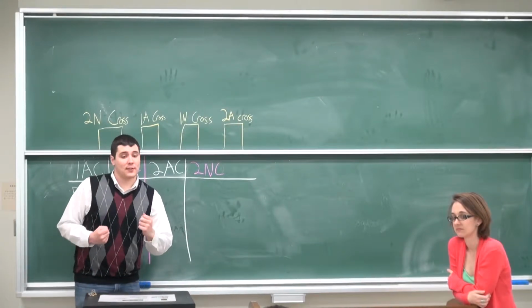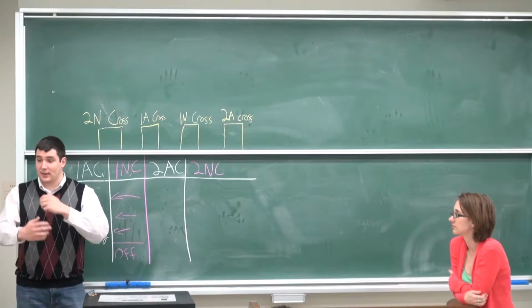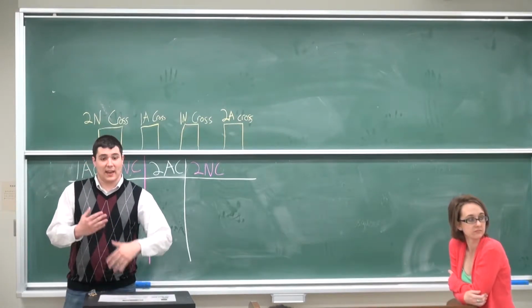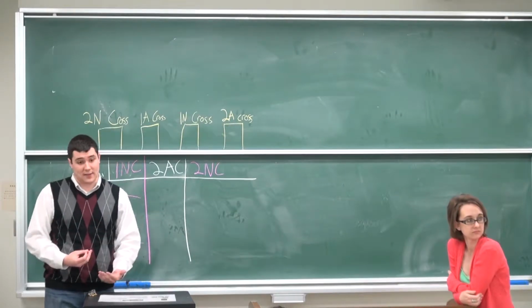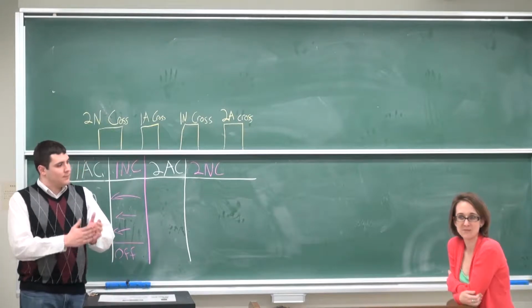The reason for that is during that period, the first negative speaker is preparing to deliver their speech. So they have that time to listen and use the information that comes out in cross-examination to help prepare their speech. It's extra prep time.